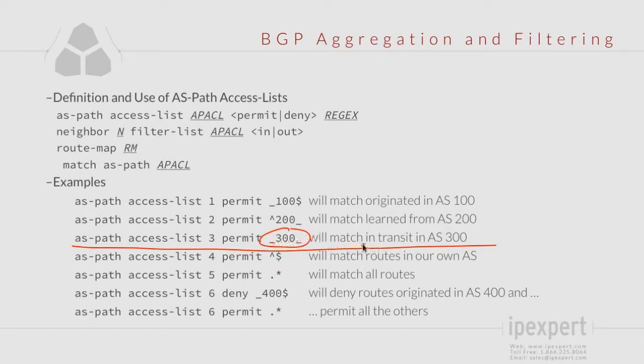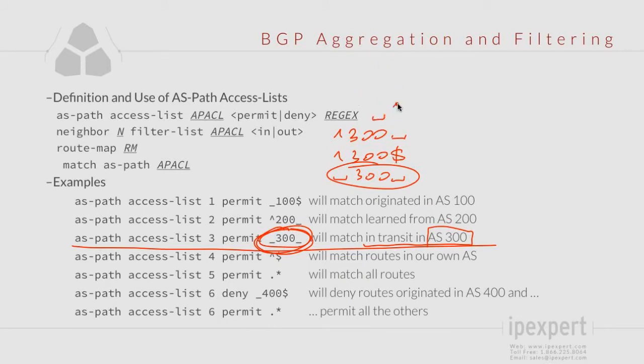This will match routes that were in transit in AS 300. But keep in mind that written like this it will actually match these three. So if you wanted to match only those routes that were in transit in 300 but were not, for example, originated there, actually, it's going to match one more.